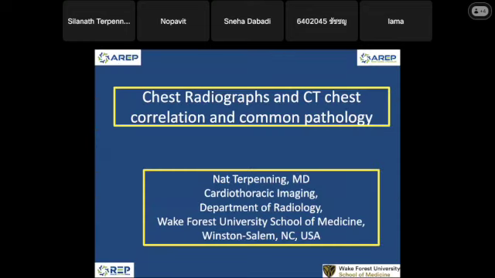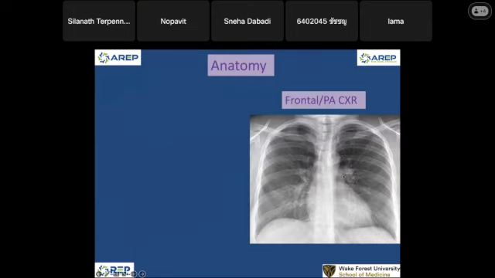Okay. So today we're going to talk about chest radiograph. The standard chest radiograph will be a PA or AP, and actually the original standard is the PA. That means the beam is coming from the back, from the posterior to the anterior chest. So this is how it looks on the PA chest radiograph.